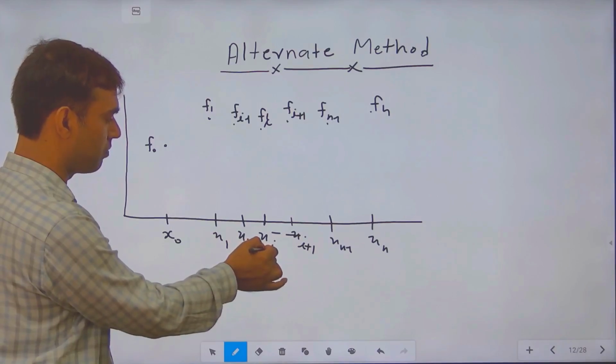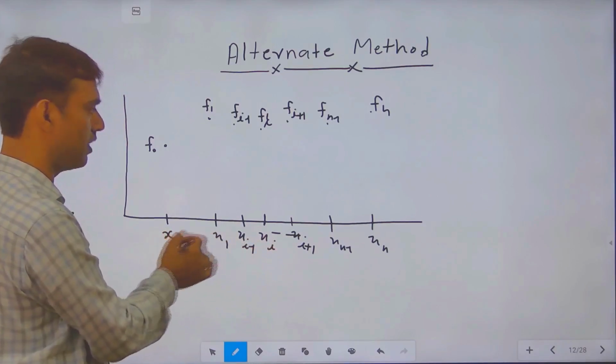I ranges from 1 to n, then x ranges from x0 to x_n.